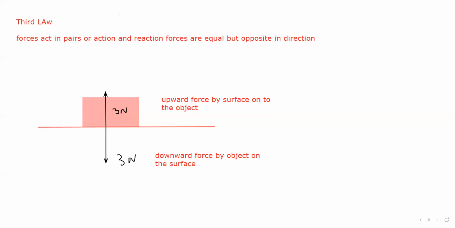And what are the characteristics of Newton pair forces?